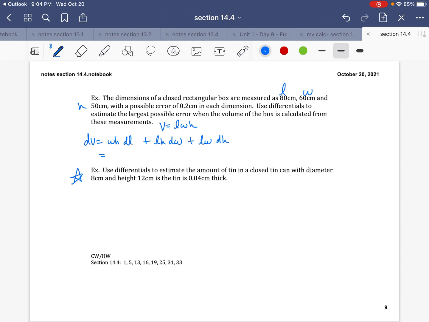So let's see, 60 times 50, that's going to be 300, and then dL is 0.2. And then L times H, so 80 times 50, 8 times 5 is 40, so it's going to be 400. dW is 0.2 again, and that was L H, and so now I need L W. Oh, wait a minute, I'm sorry.